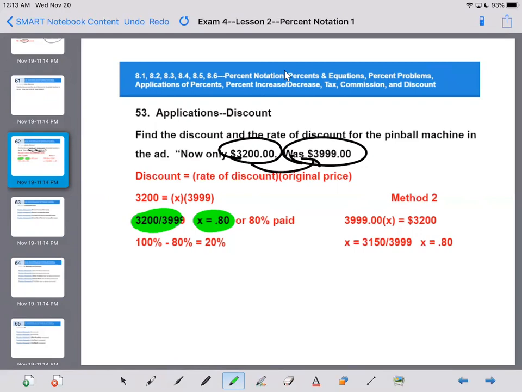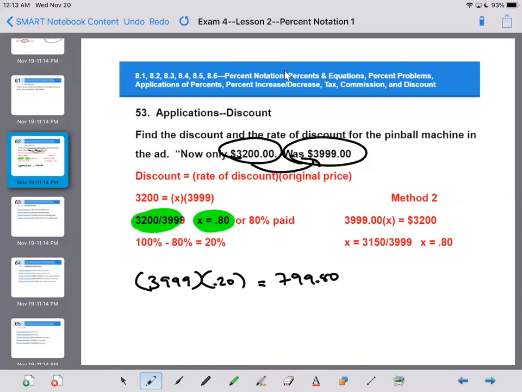So if you took 3,999 and multiplied it by 20%, you're going to get about $799.80.